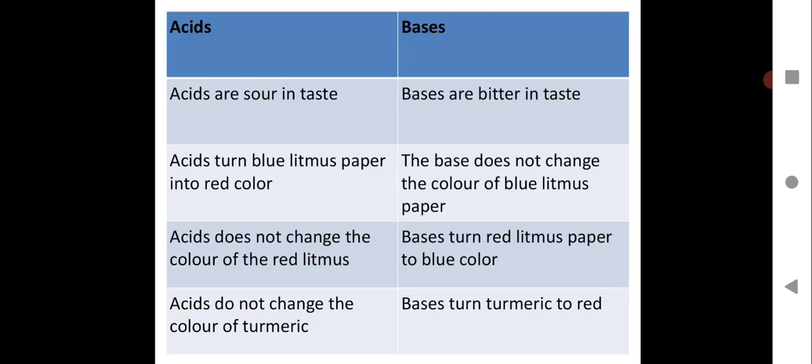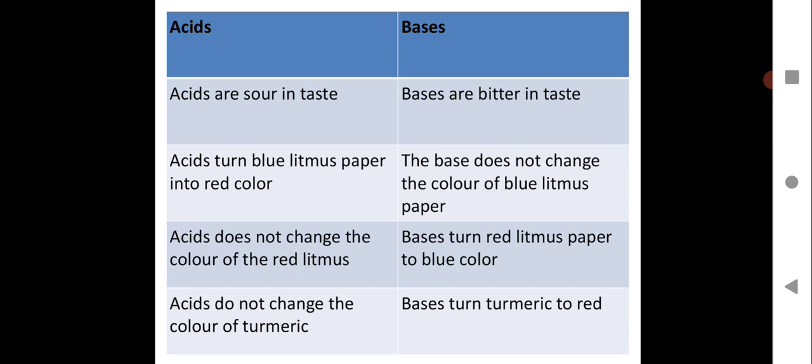You have learned the differences between acids and bases in the previous session, so let us find the differences between them. If you have missed out any points, better write again. Make 2 columns under the question answer. Acids are sour in taste, bases are bitter in taste.